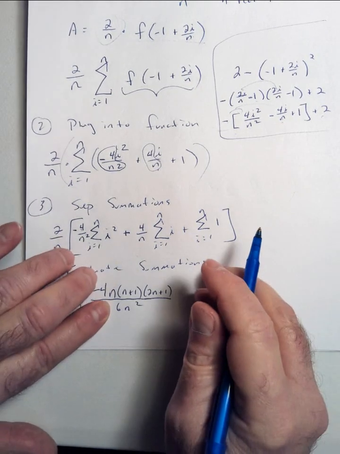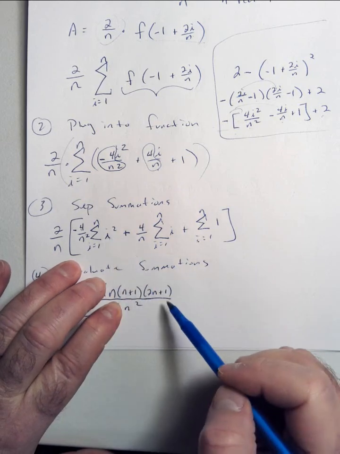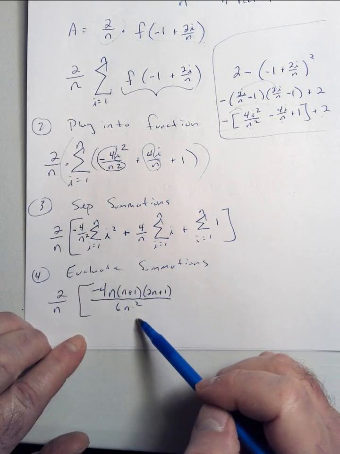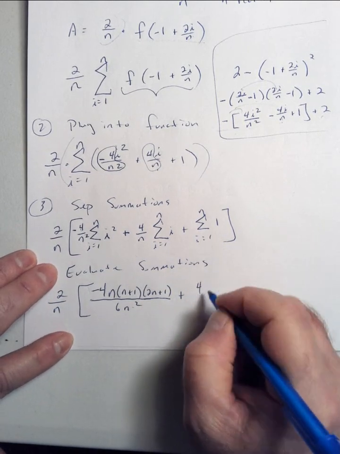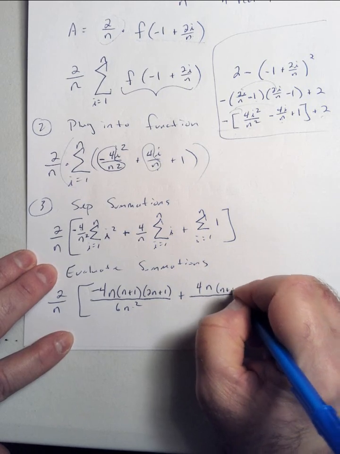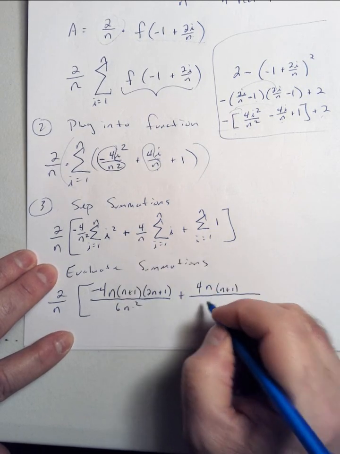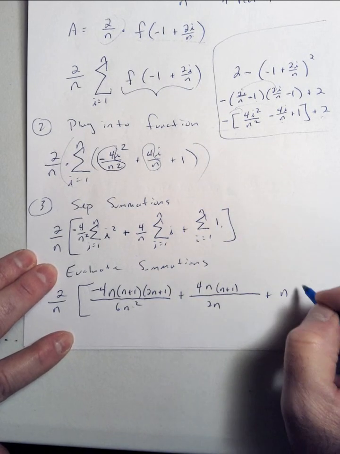All right, so that's your formula for the sum of i squared, times negative 4 over n squared, plus, and then I've got my 4, and then this is n plus 1 over 2n, and then this is just 1n.